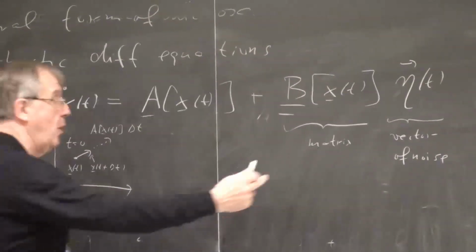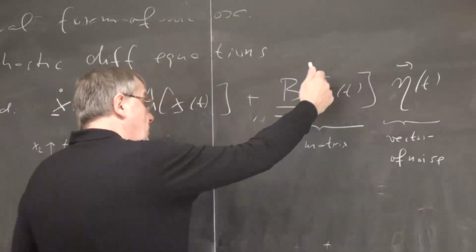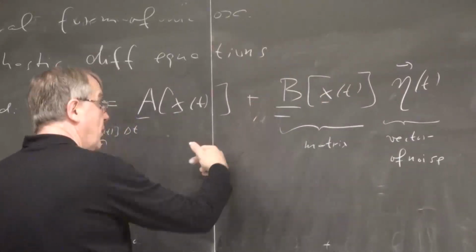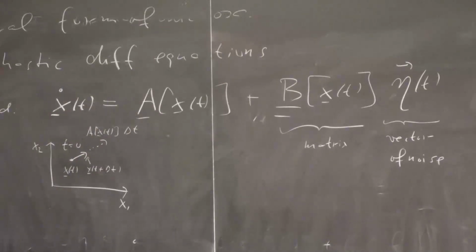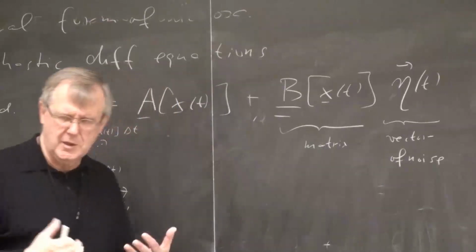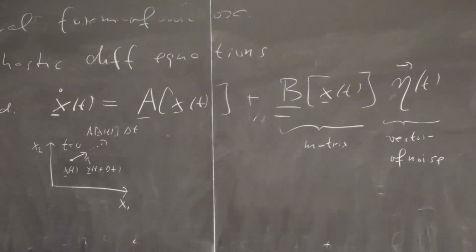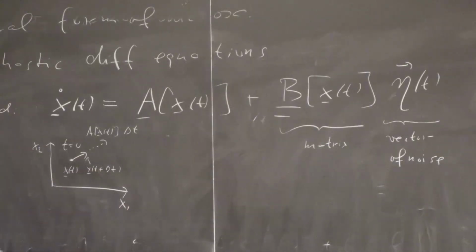And now the two components feed into this tensor, because the first component noise can actually also affect the second component if B is a matrix that has off-diagonal elements, and the second noise component can also affect the first if B is a matrix that has non-zero off-diagonal elements. If B is a diagonal matrix, then noise in one channel will only act on one channel, and noise in the other channel will only act on the other channel. And so this is a form of the differential equation that we use.